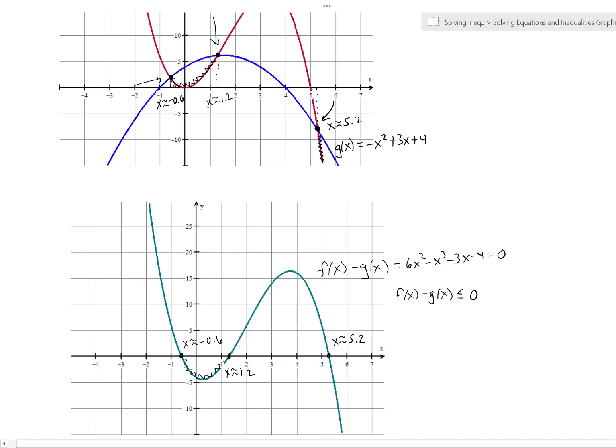All along that piece right there, and then over there where I squiggled. Hey, guess what? Same interval as before, as it should be. Approximately, the answer to this inequality would be for x belonging to the interval negative 0.6 to 1.2 union with 5.2 to infinity. So you could do this for any equation and inequality.